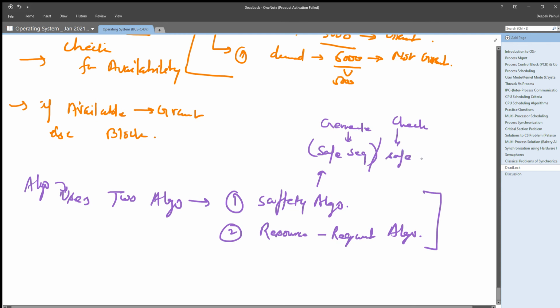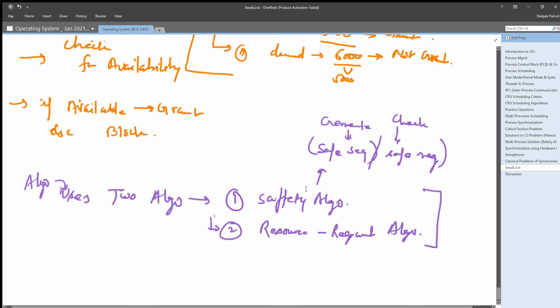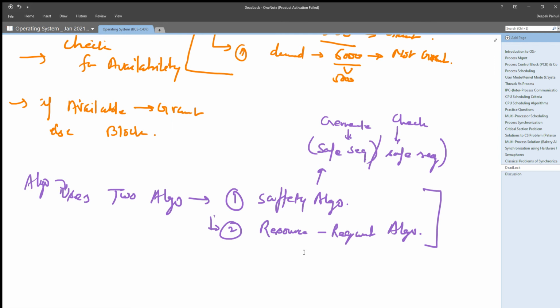It will do two tasks: if a safe sequence exists, then it will generate it, and else it will check for a safe sequence, right? And after applying the safety algorithm, we can use the resource request algorithm. It is used for the purpose that if at any time a new request comes to the system, then that request will be granted or not.